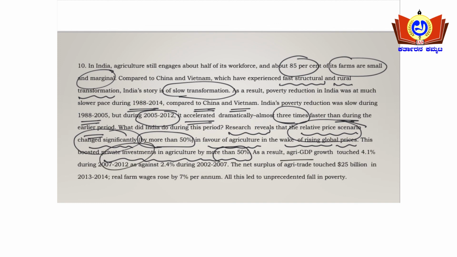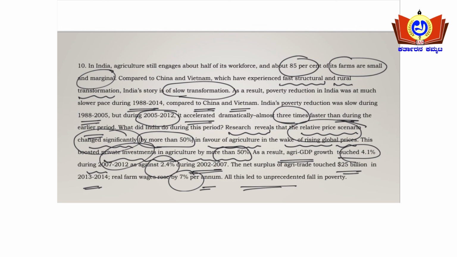As a result, the agriculture to GDP ratio touched 4.1% during 2007 to 2012 against 2.4% in 2002 to 2007. The net surplus of agri trade touched $25 billion in 2013 to 2014. Real farm wages rose by 7% per annum. All this led to an unprecedented fall in poverty.